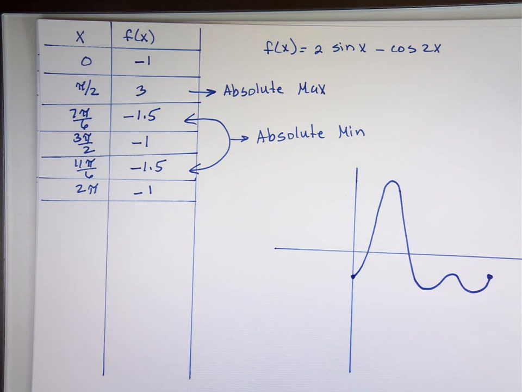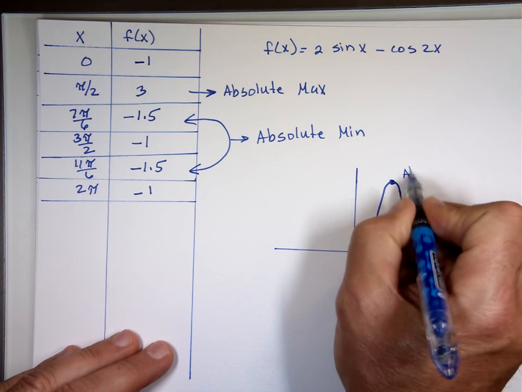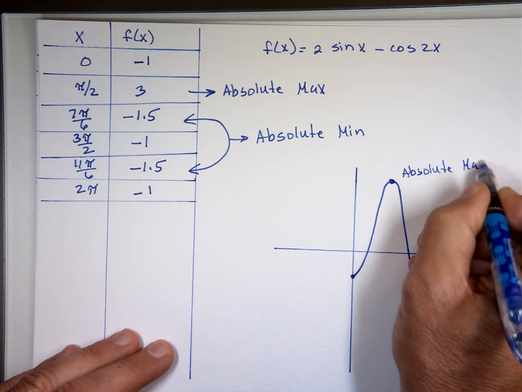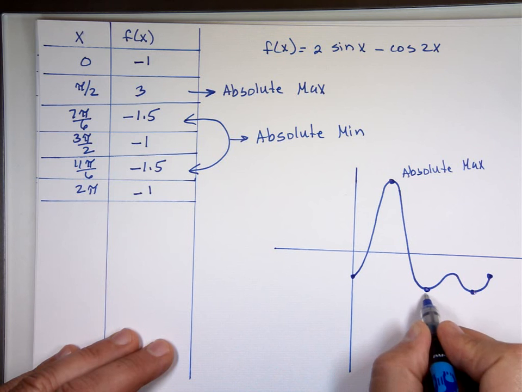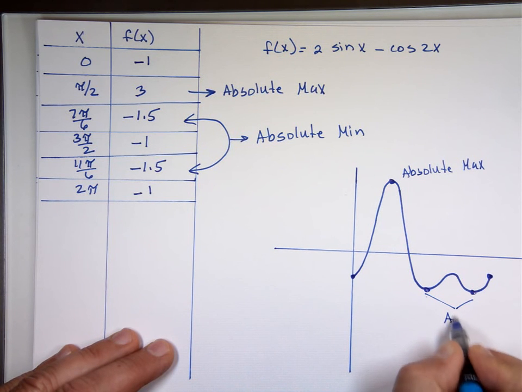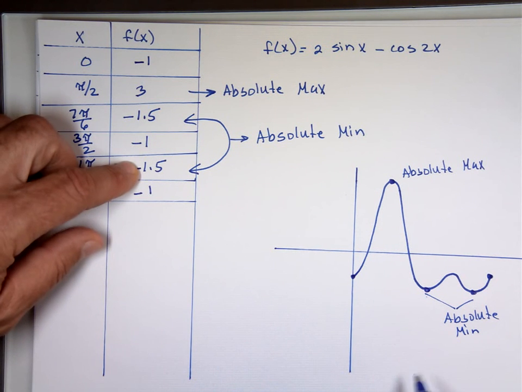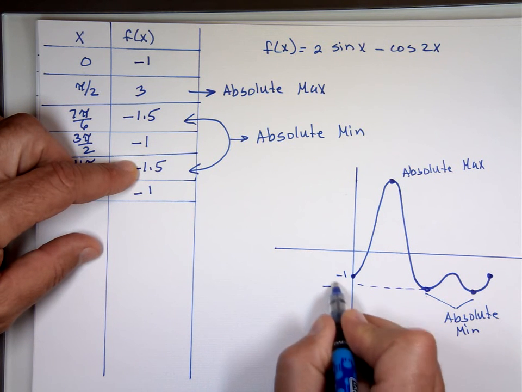And this is your absolute max. And these two are your absolute min. They're below that value, just by a hair, by 0.5. Notice the y value is negative 1.5. This is negative 1 here, and this is negative 1.5. And this is the negative 1.